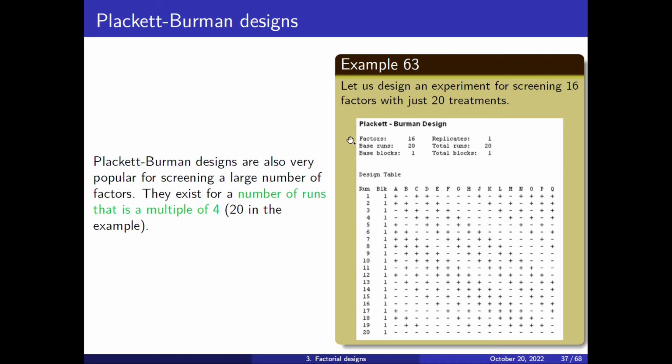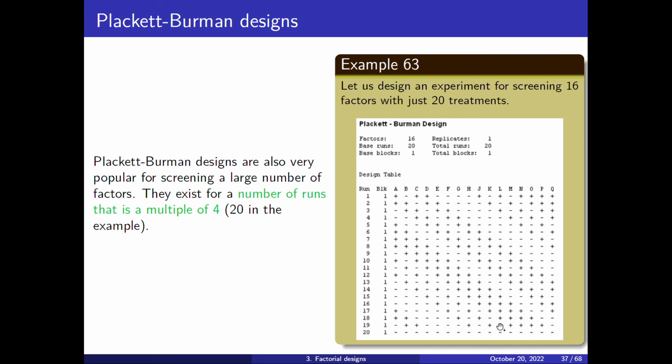but here we have a possible execution. Again, these designs are not unique, so there are many possible combinations, but this is one. With only 20 runs, for the first run, A will be high, B will be low, C will be high, D will be high, E to H will be low, and so on.